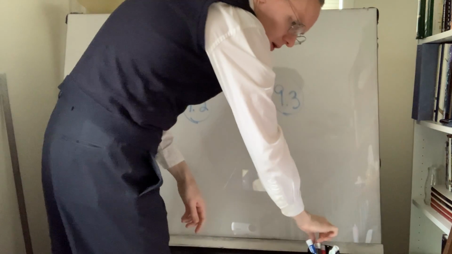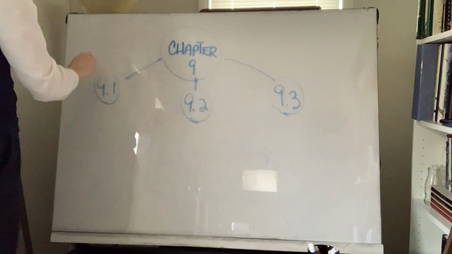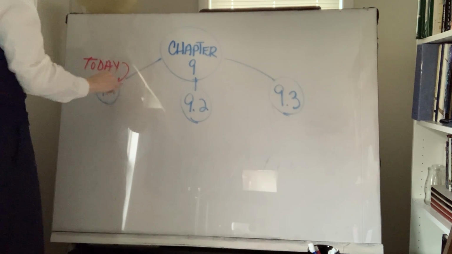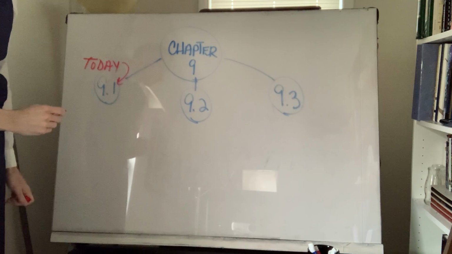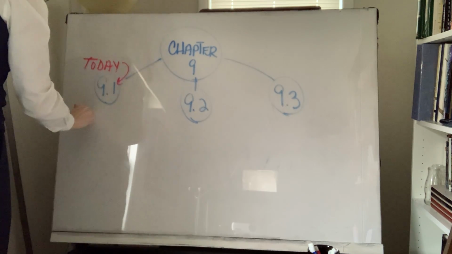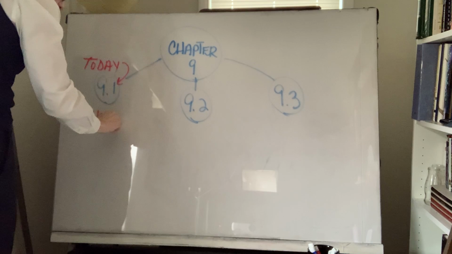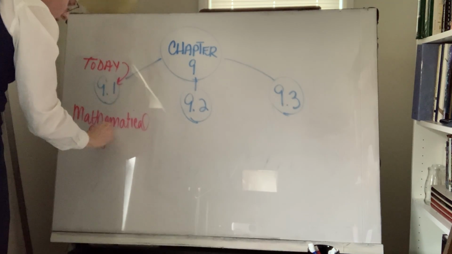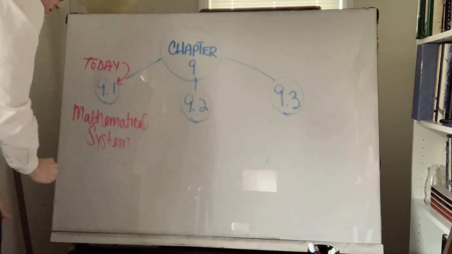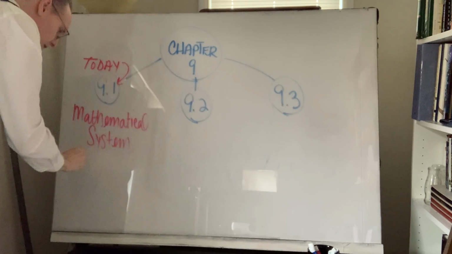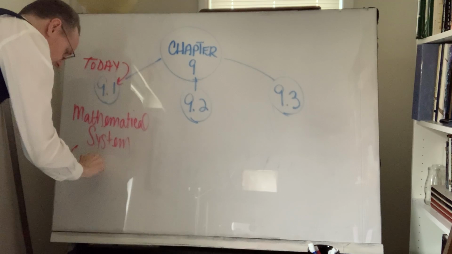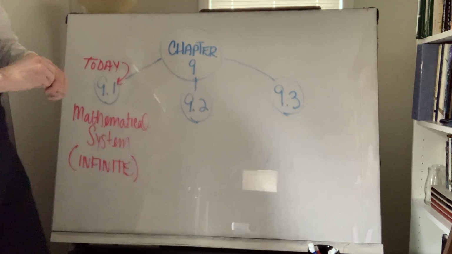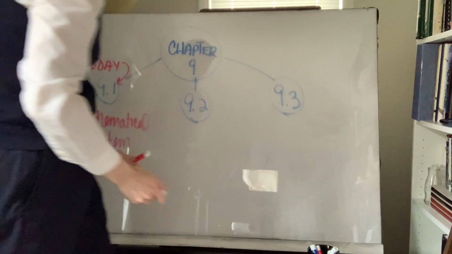Okay. Section 9.1 is about something called mathematical systems. Realistically, and in contrast to what's coming, these will be what you might regard as infinite systems. You don't really have to dwell upon it too much today.